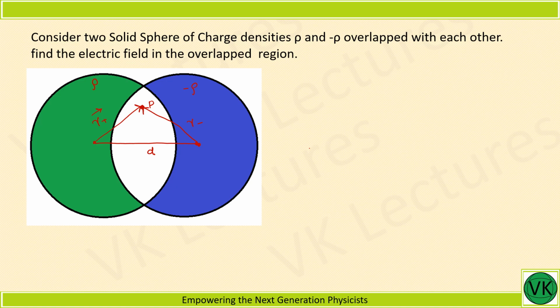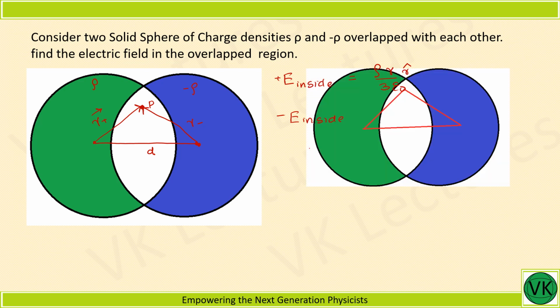Now the electric field inside, we have seen, is equal to rho r by 3 epsilon naught, and this r is in the direction of the r vector. So this is inside for a positive charge, and for negative, E inside will be equal to minus rho r cap by 3 epsilon naught.